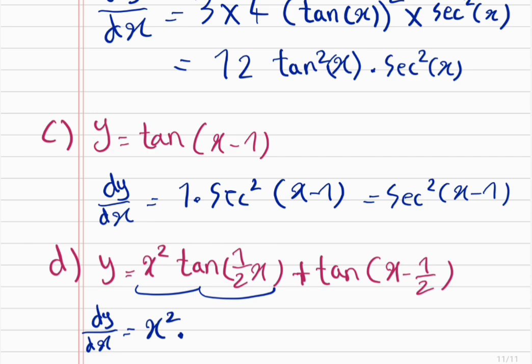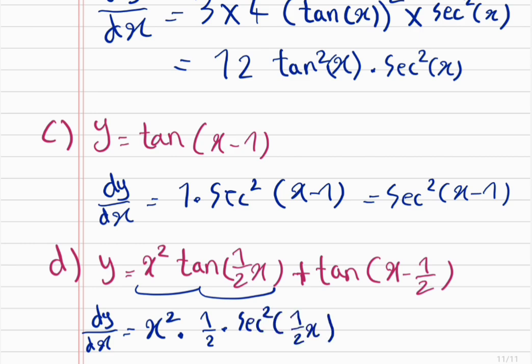In this case, I'm just going to start with the first function times the derivative of the second function. So the second function is tan half x, and the derivative of this, so inside, we always start with the inside. Half x differentiates to half, and then tan differentiates to sec squared. So sec squared, and inside the bracket is the same.